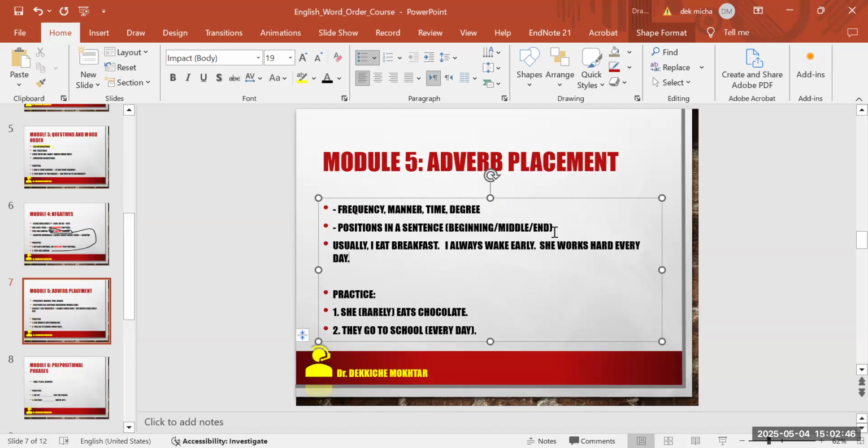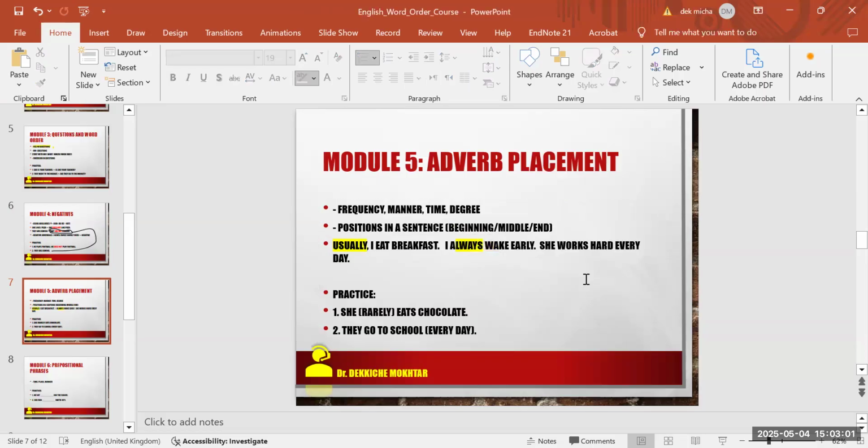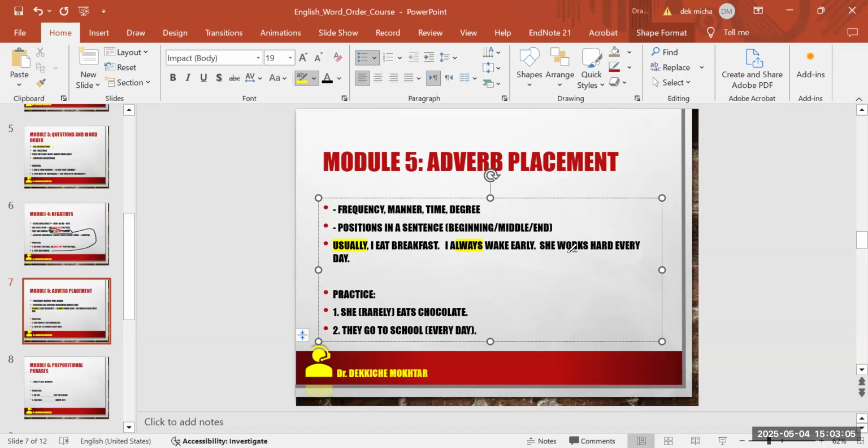So these are examples of the placements of the adverb. Always, I always here also, and she works hard every day.